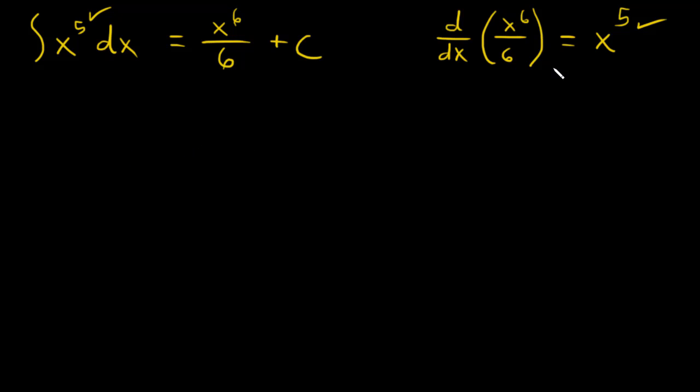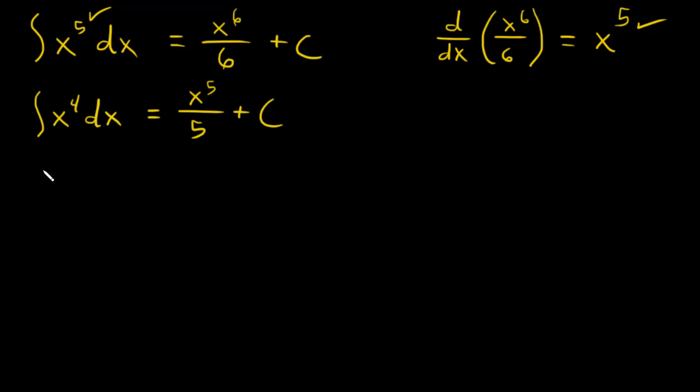So that is implying a very big truth, which we will get to in just a little. But for now, I just want to do some power rule problems. So let's do the integral of x to the fourth dx. Well, add 1, x to the fifth, divided by 5, plus c.